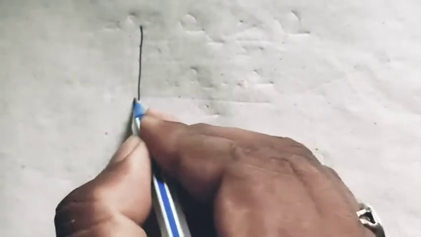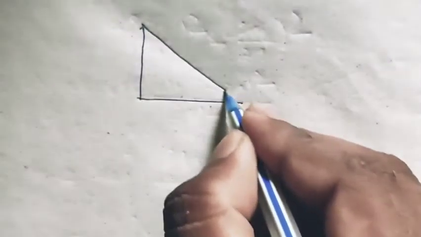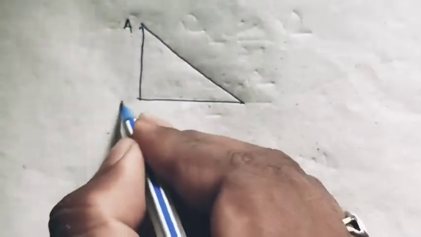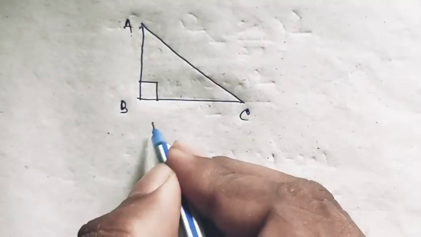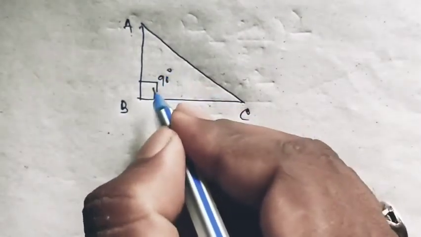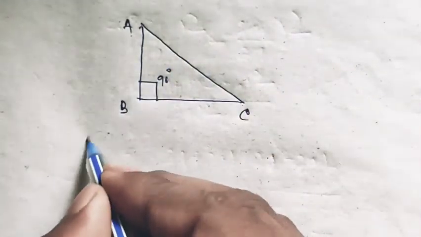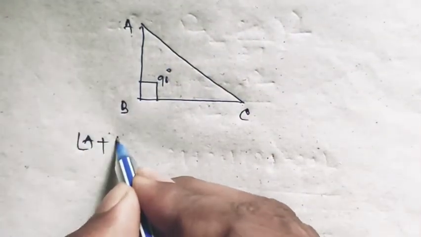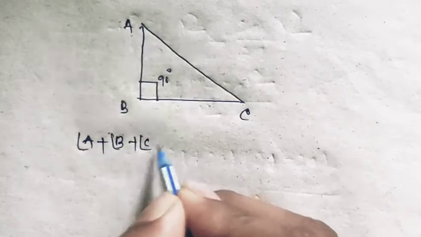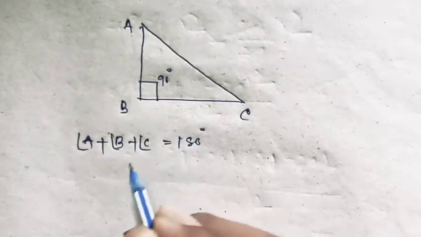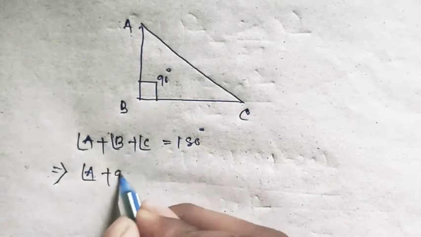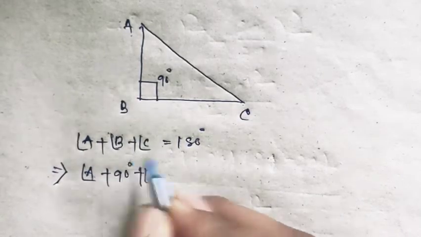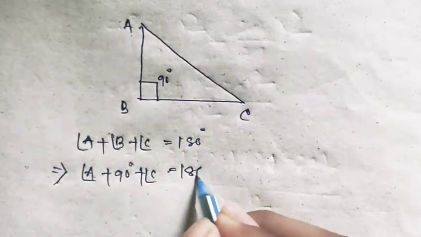Okay, in this chapter, in trigonometric ratios of complementary angles, we will study this. Here is a triangle ABC. This angle B is 90 degrees, right? So A plus B plus C is equal to 180 degrees. This implies angle A plus 90 degrees plus angle C, because B is 90, is equal to 180 degrees.